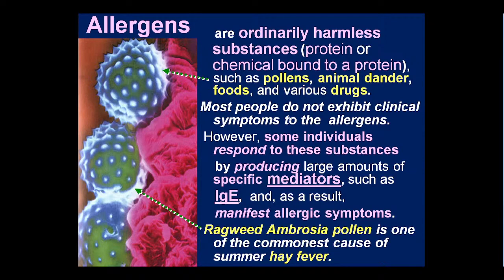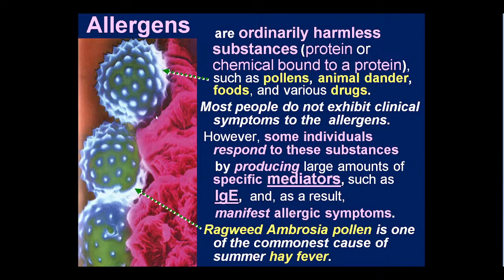Most people don't exhibit clinical symptoms to a certain allergen. However, some individuals respond to these substances by producing large amounts of specific mediators of inflammation, such as immunoglobulin E, and as a result, they manifest allergy symptoms. They have increased amounts of immunoglobulin E, which can react to the allergen, for example, to the drug named penicillin.